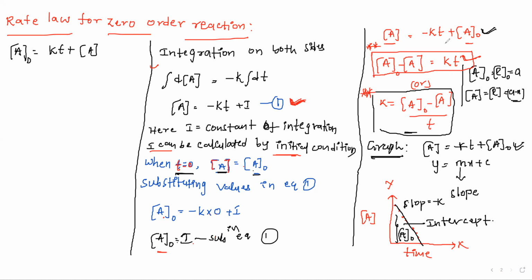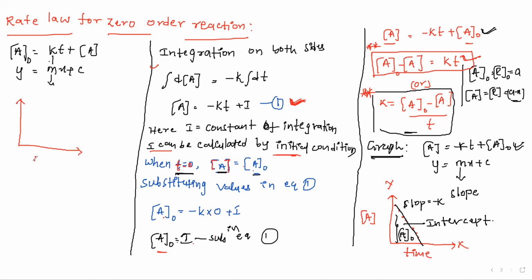So here also it is y equal to mx plus c, but here the slope is positive. In the earlier graph the slope was negative because of the minus sign. So how can we take this one?